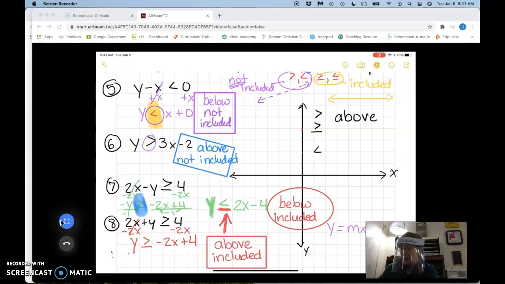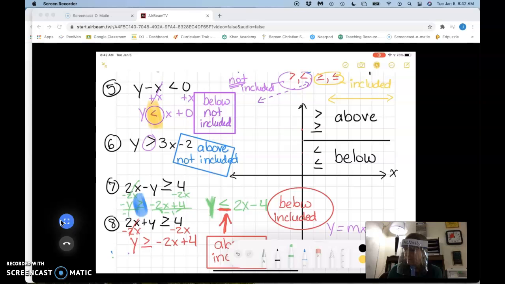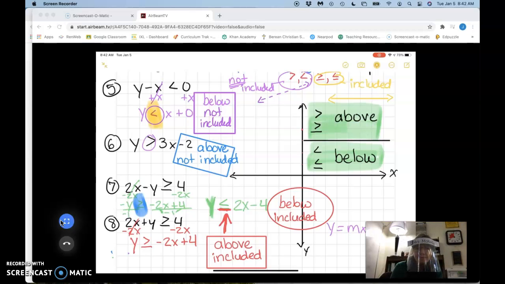If it's less than or equal to, it's going to be shaded below the line. All right, copy that down.